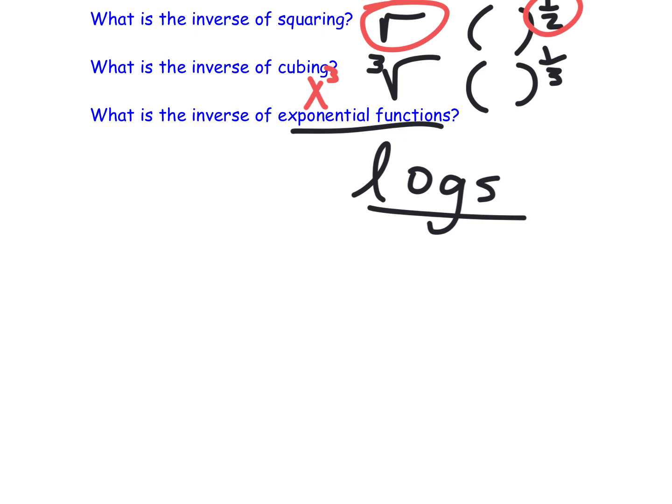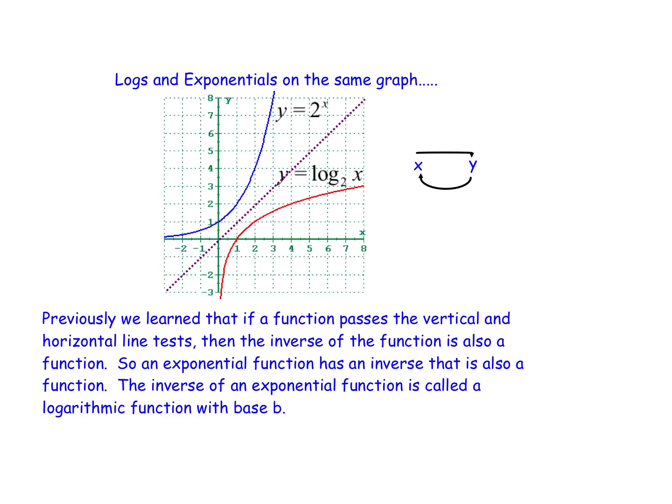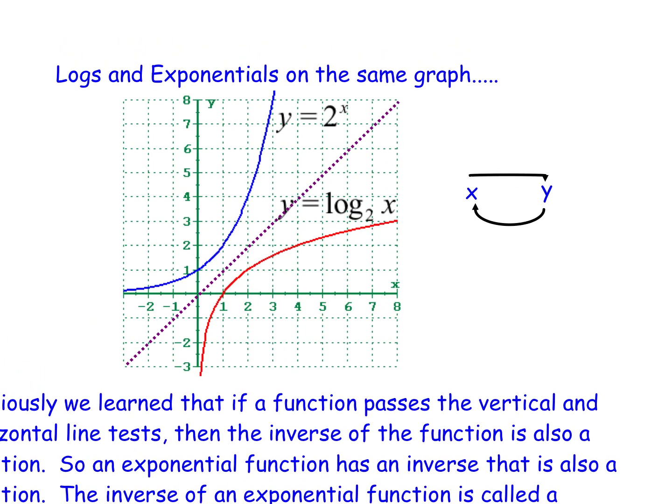All right, so let's make sure you remember what an inverse really does. Like an inverse, the x's and the y's switch around. So here's also inverses. This is your classic exponential growth right there. And inverses were a reflection across the line y equals x.